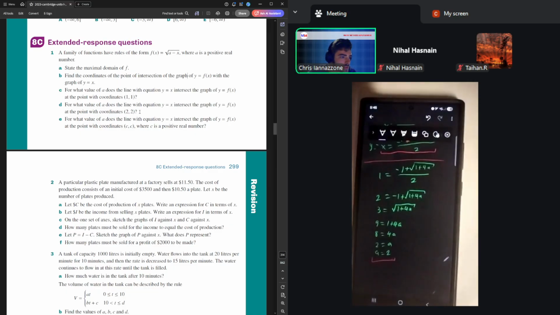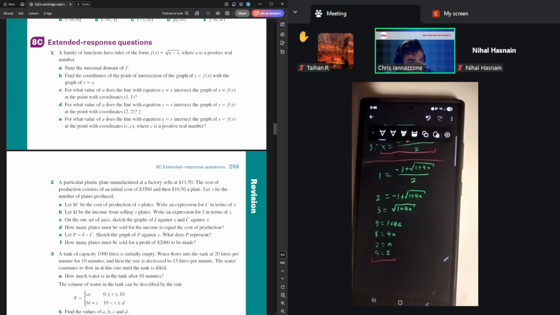So in this case, at least for part C, to force a coordinate of 1, 1, we had to have A equals 2. I think the intention of D is to show that if you do the exact same sequence, you get a slightly different A value, and then you can sort of determine what it's going to be from that pattern. But I guess we'll see.